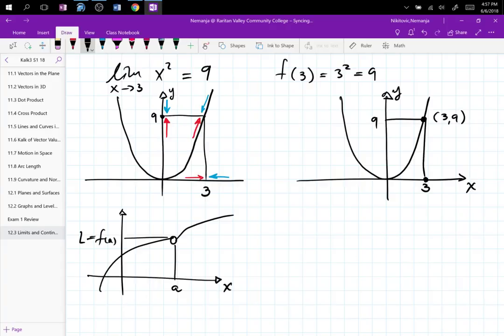Now, if you go and say f of a, you have to say it does not exist, because a is not defined. You know what pre-calculus says: you have to go and hit the function, and then you bounce off of the function into y.